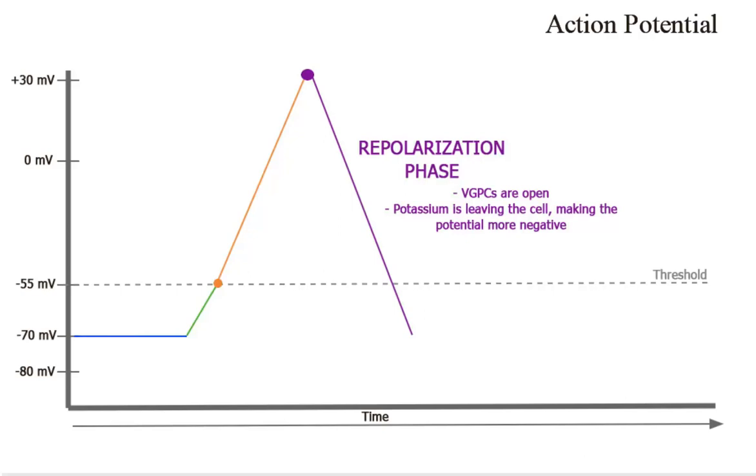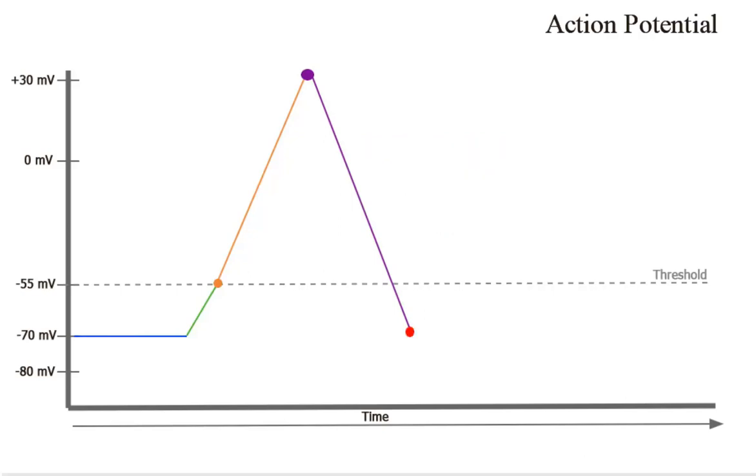Now at this point down here, we are back at the resting membrane potential. At this point, the voltage-gated sodium channels close. Remember, they have three phases: open and activation, and then closing. So here they close, and the voltage-gated potassium channels also start to close, but they are like swinging doors at a mall that close really slowly.